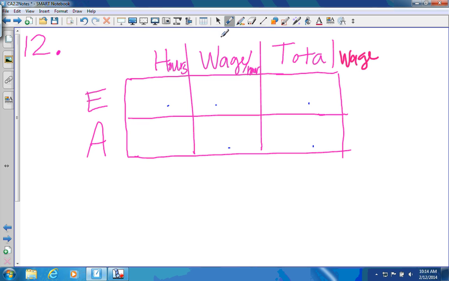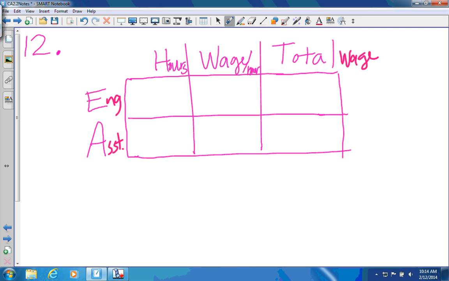And so we put this into a chart, and now we just have to figure out each person and how much they get. And we have the engineer, and this is the assistant. And what does it say about the hours worked for either one of those two? Yeah, but that's the wage.